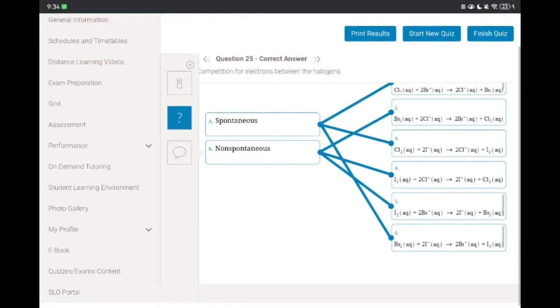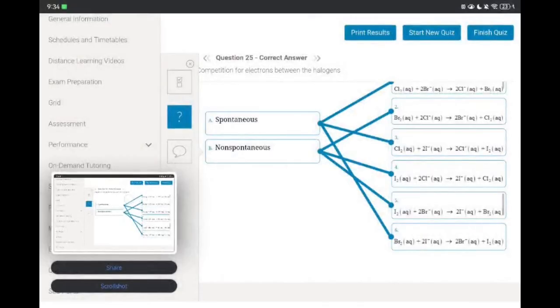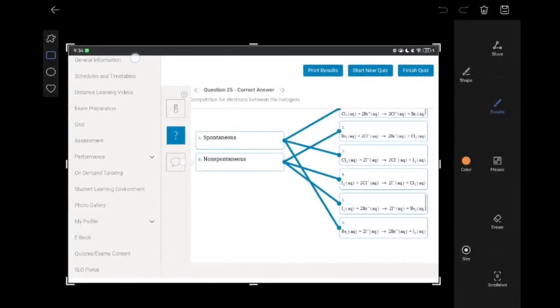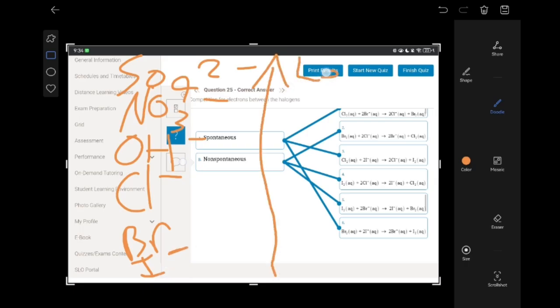Then for the last spontaneous one, Br was above the I's. This is how the list was: Cl, Br, I, with the least likely to be oxidized at the top.